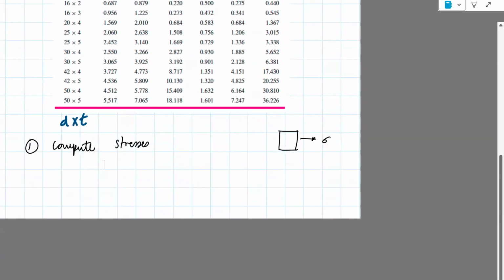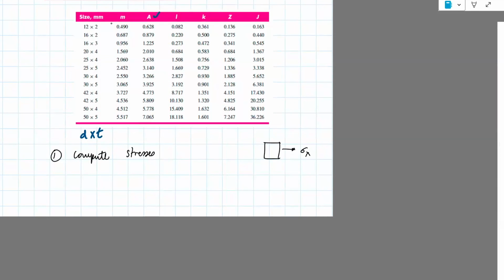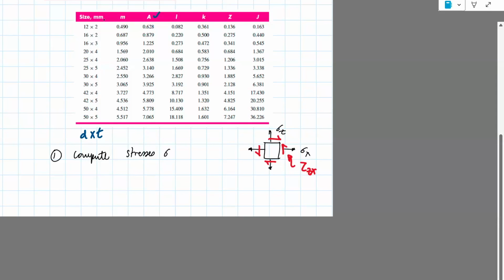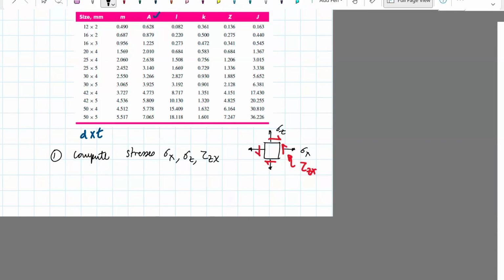X is this way. So sigma X, sigma Z, then tau ZX. The first step is to compute sigma X, sigma Z, tau ZX.